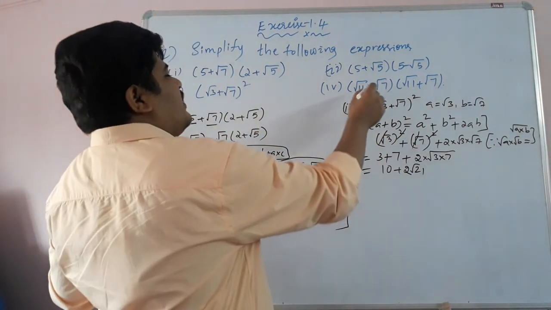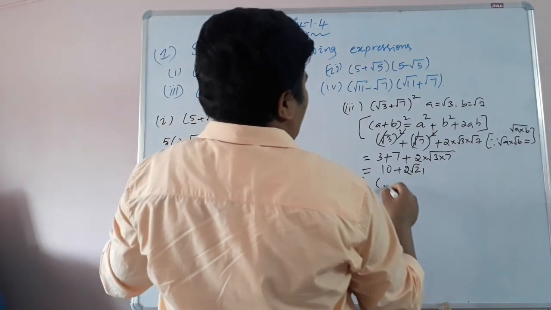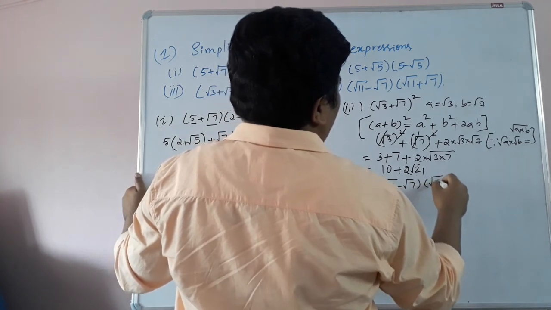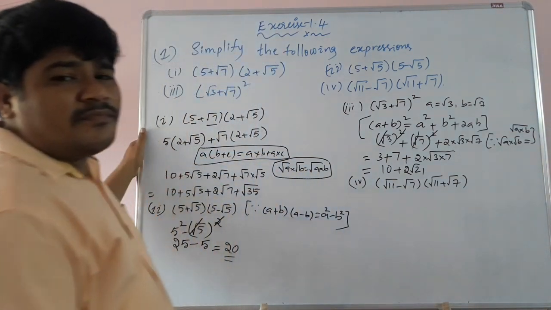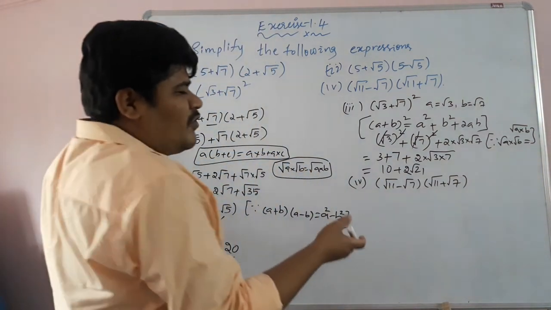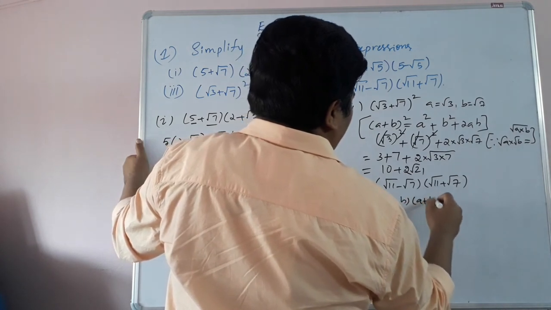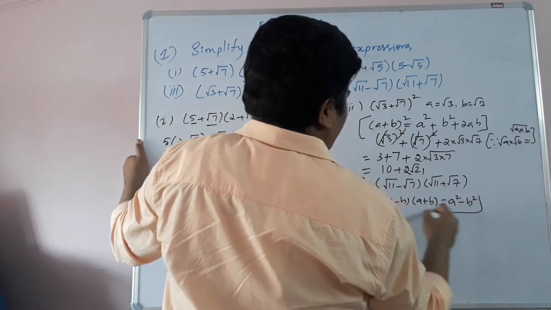Now children, let's see the last sum in this bit. Under root of 11 minus root 7 into under root of 11 plus root 7 is there. This is the fourth sum. So students, this is the form of A minus B into A plus B, which is equal to A square minus B square.